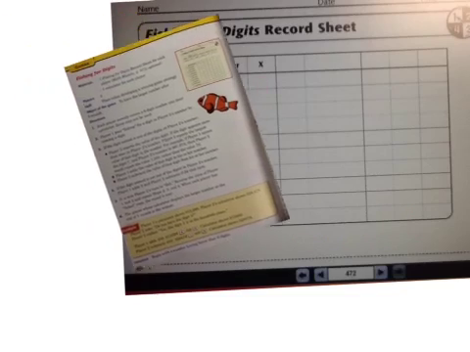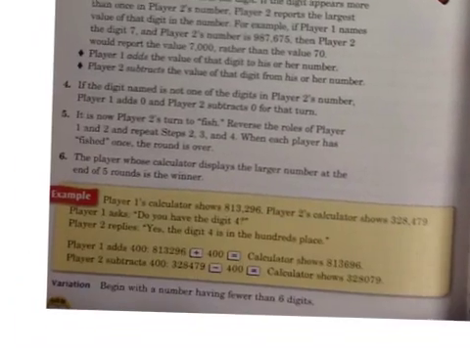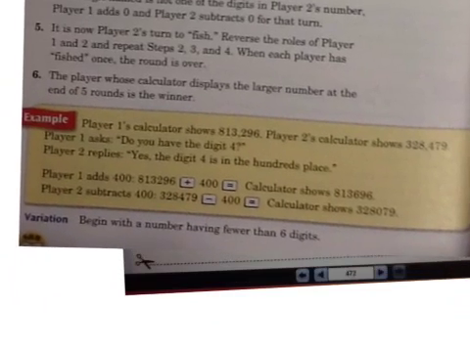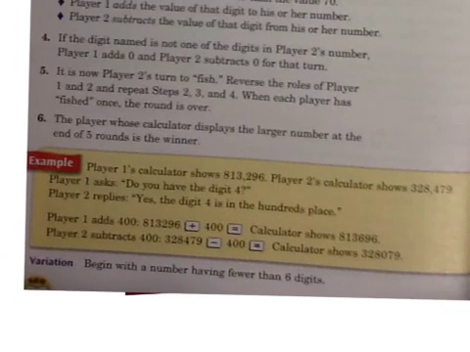Let's look at a sample round. Down here it says, an example is Player 1's calculator shows 813,296. Player 2's calculator shows 328,479. So Player 1 asks, do you have the digit 4? Player 2 would say, yes, the digit 4 is in the hundreds place.